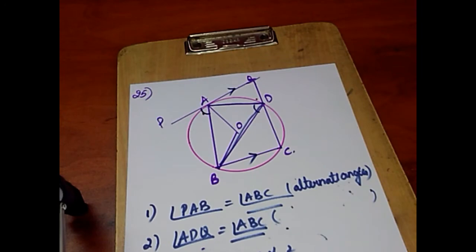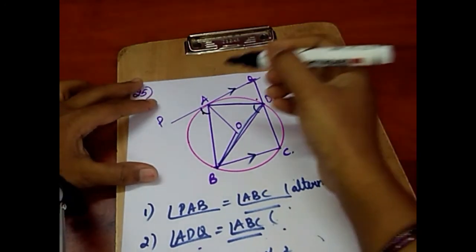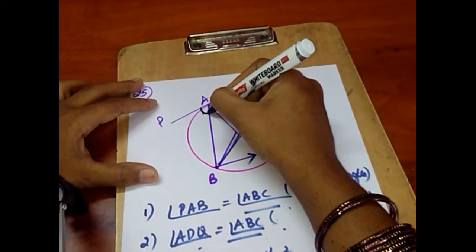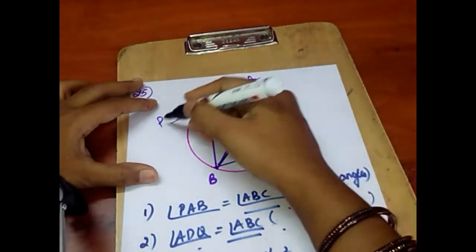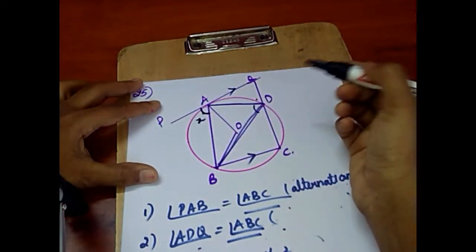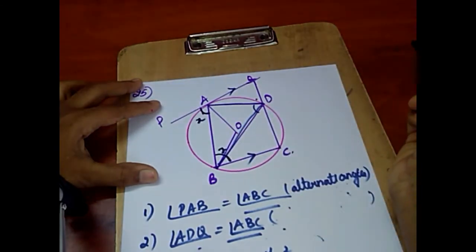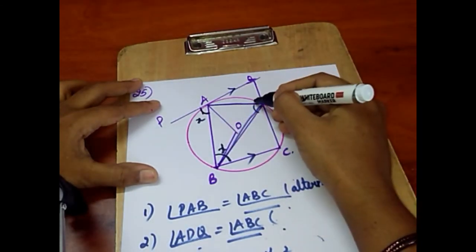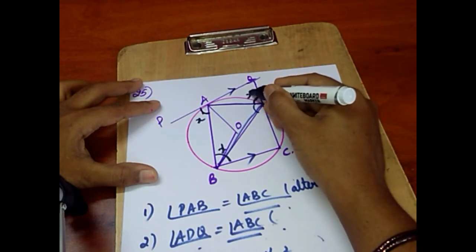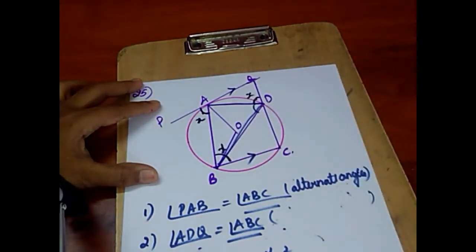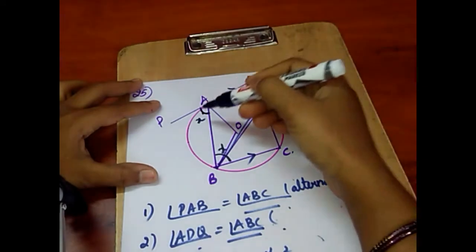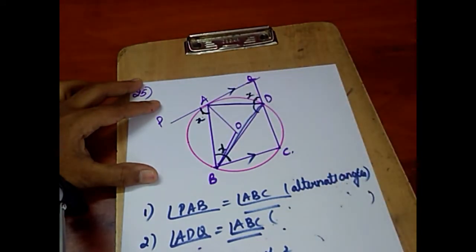Let me brief it once again. We started our question to prove this angle, let me mark it as X. Angle PAB is equal to angle ABC, alternate angles. Next, the exterior angle of a cyclic quadrilateral is equal to the interior opposite angle. Hence, these two angles were equal.